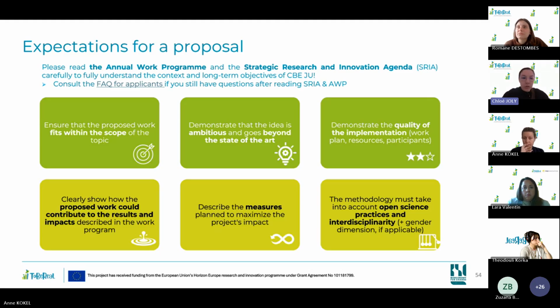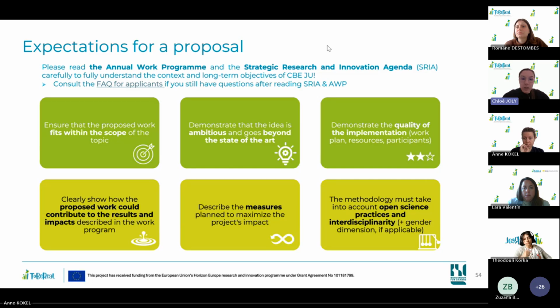So as mentioned just before, in the coming minutes we will sum up the advice that we presented all along our presentation and summarize. Then you have to demonstrate an idea which is ambitious and goes beyond the state of the art. You have to demonstrate the quality of the implementation.